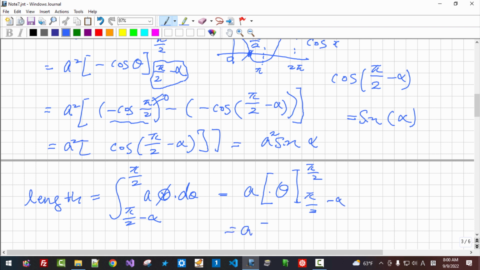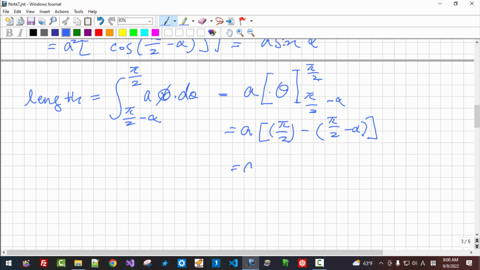Then a times pi over 2 minus pi over 2 minus alpha. Then pi over 2 cancels out, leaving a alpha.